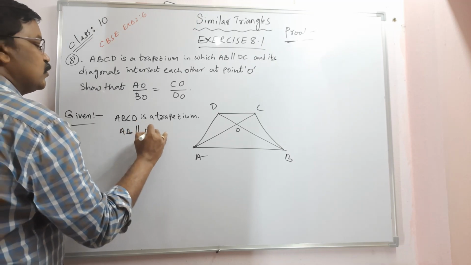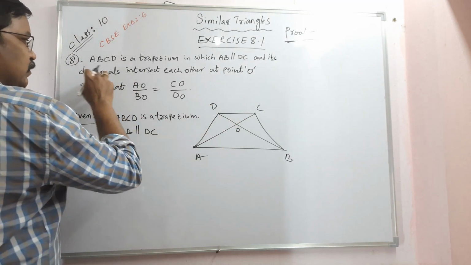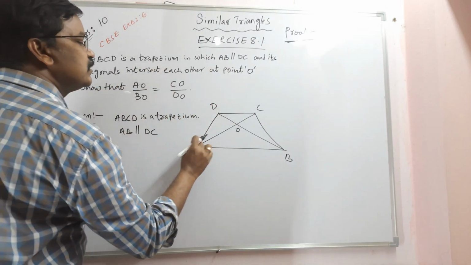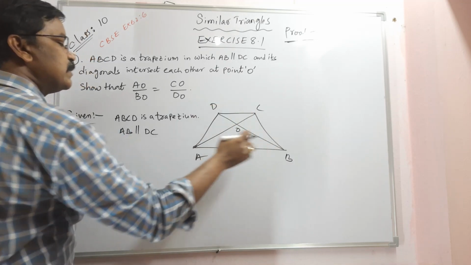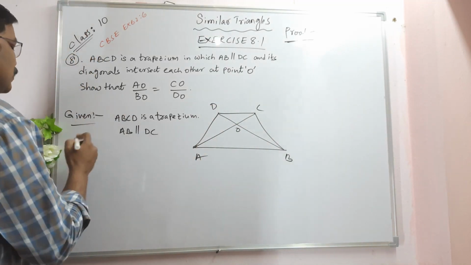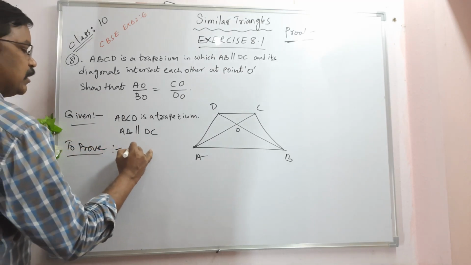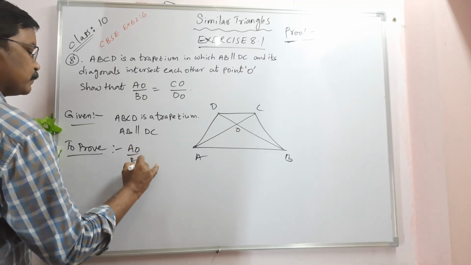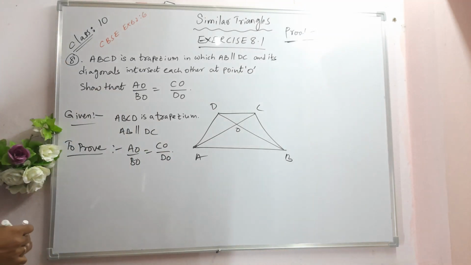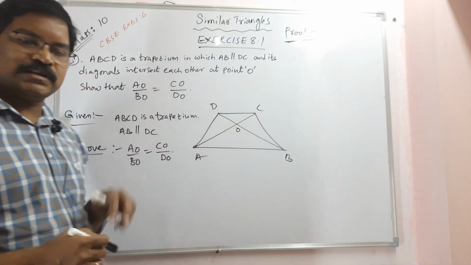As I told you, only one pair of opposite sides are parallel in a trapezium. The diagonals AC and BD intersect at O. What is to be proved? To prove AO by BO is equal to CO by DO.